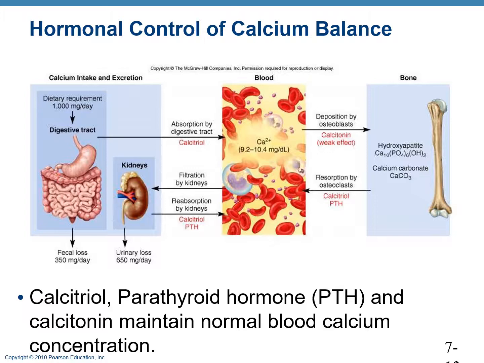And it's going to be more important in children than it is in adults, but it's going to lower blood calcium by inhibiting osteoclasts and by stimulating osteoblasts.